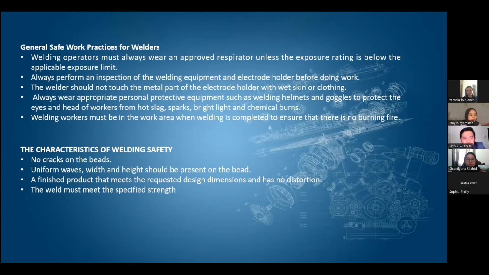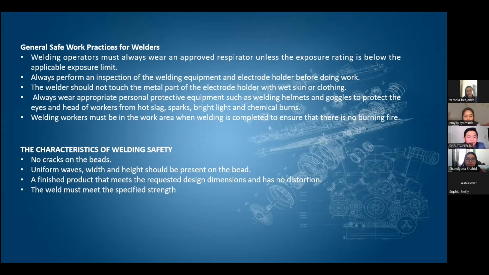Second one is to always perform an inspection of the welding equipment and electrode holder before doing work. The third one is the welder should not touch the metal part of the electrode holder with wet skin or cloth, because the welding equipment is very hot. This is very dangerous for the worker.